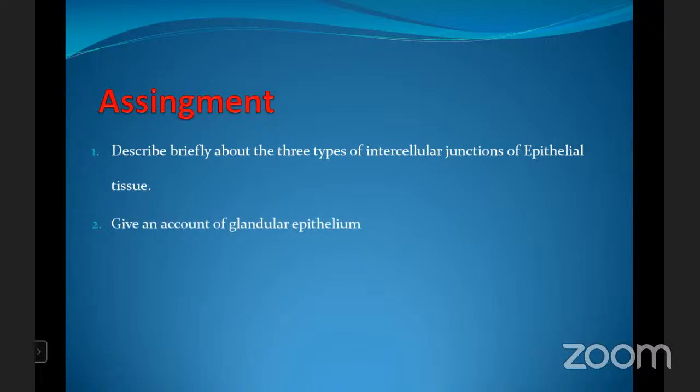The second question: give an account of glandular epithelium. Third question: give a brief account of the cells of areolar tissue.